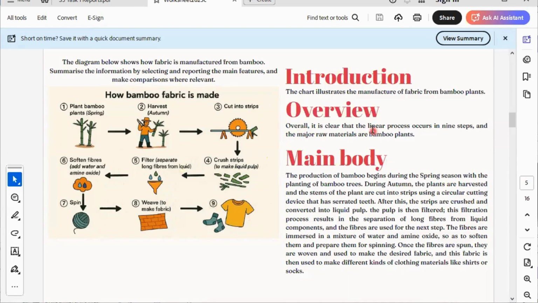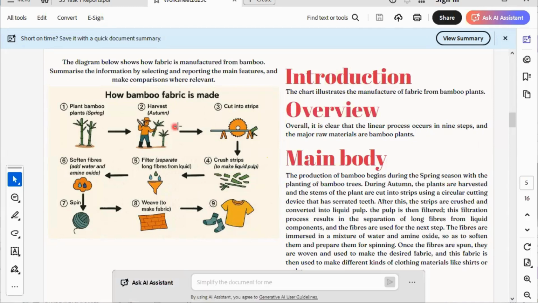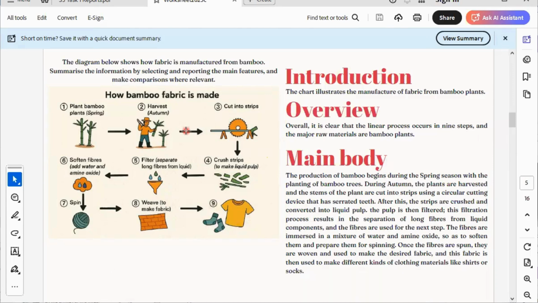Overall, it is clear that the linear process occurs in 9 steps. They've even numbered it for us. In some cases, they will not number it. If they don't number it for you, just count the number of drawings. The number of drawings will help you to figure out the number of steps. So it is clear that the linear process occurs in 9 steps, and the major raw materials are bamboo plants. That's my overview.